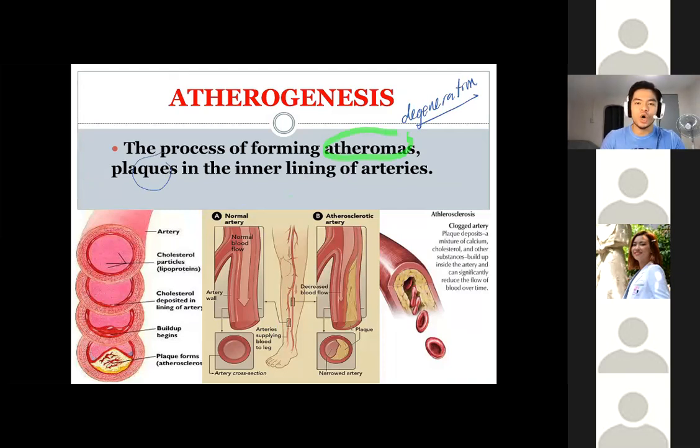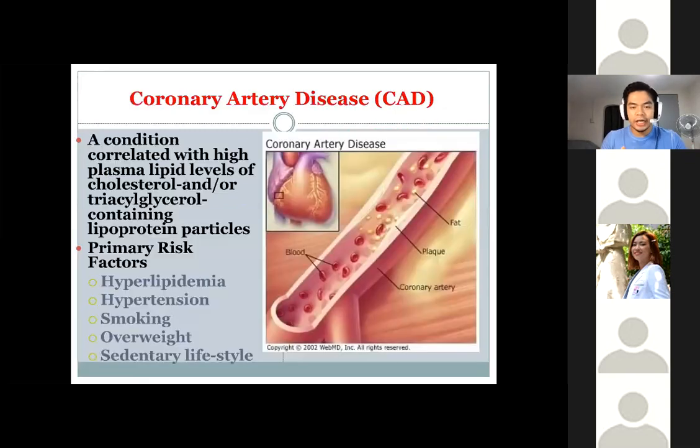That is because of macrophages na lipid-laden that underwent apoptosis, okay? So that is atherogenesis. And because of atherogenesis and because of deposition of oxidized LDL here, that has caused obstruction in the coronary arteries resulting in coronary artery disease.